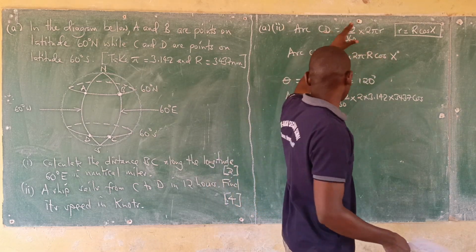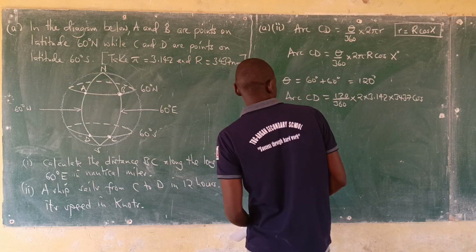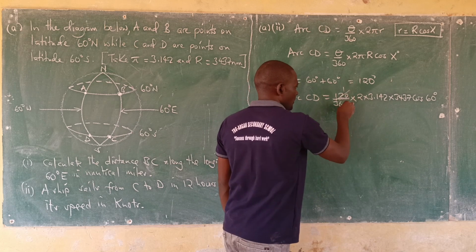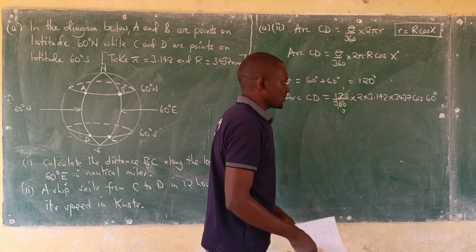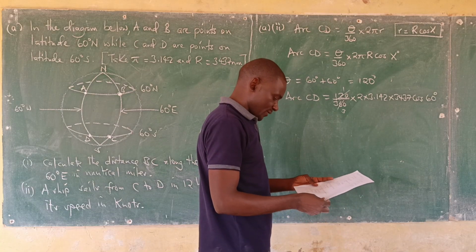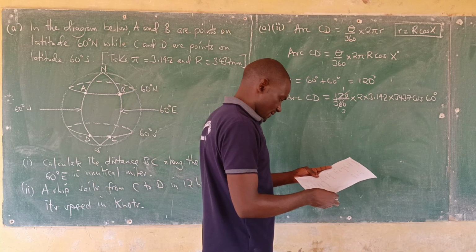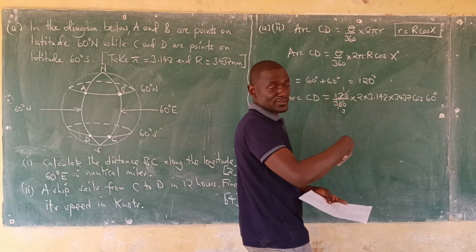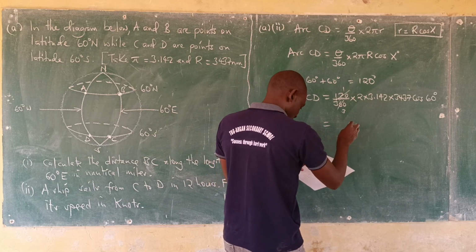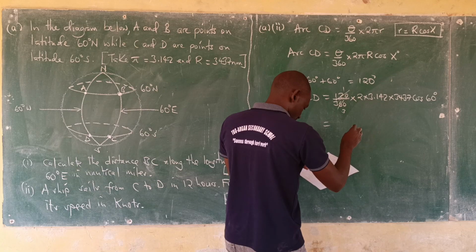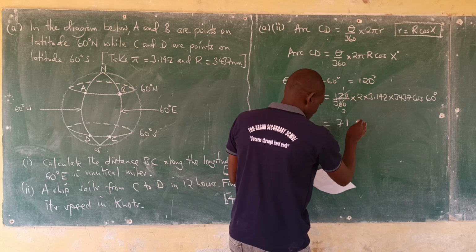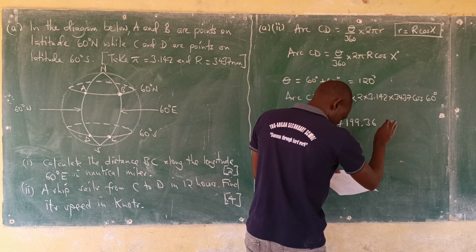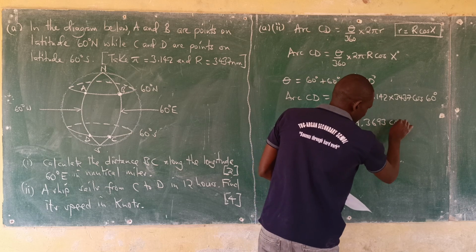x is the latitude. So the latitude on which the 2 points are sitting, that's latitude 60 degrees south. So we just put 60 degrees. And then the same thing, there are 1, there are 3. Then we can multiply as well as divide, and if we do that computation, this one is giving us something. If you check up to here, this is what we calculated earlier on. So I can even say this is about 7,199.3693, and then cos 60.